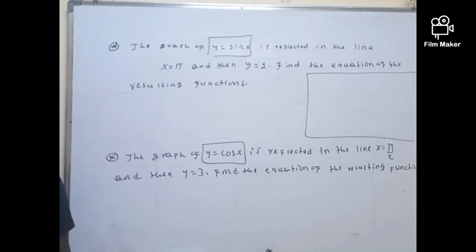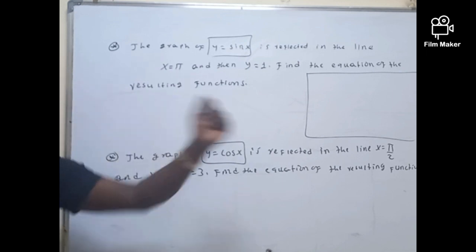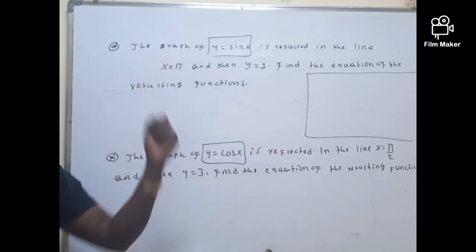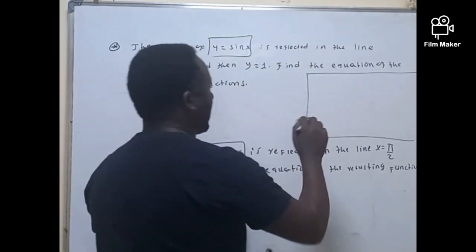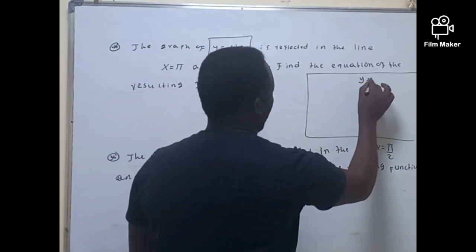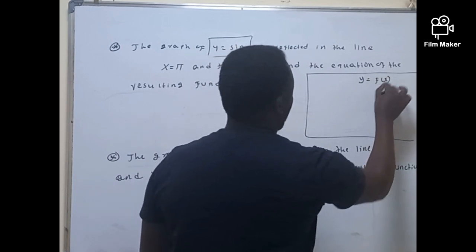Whatever the question may be, how are you going to find the image of any function after you have reflected it with a horizontal line and with a vertical line in combination? So let me explain generally. Let's have any function f of x, that is, y is equal to f of x.